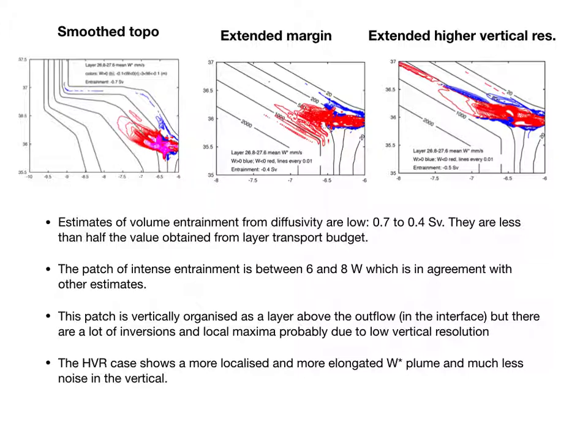Most of the entrainment occurs very close to the strait, between 6 and 8 West maximum, although the bulk of entrainment actually occurs east of 7 West.